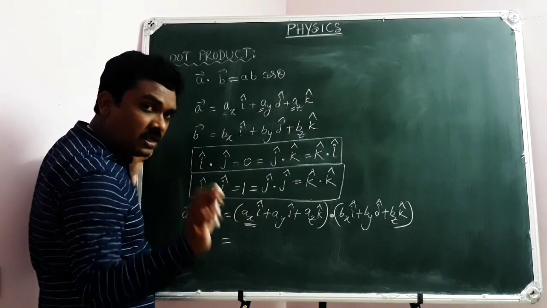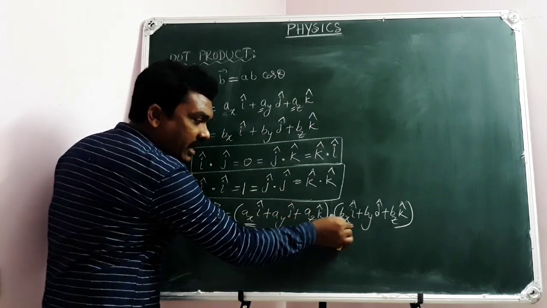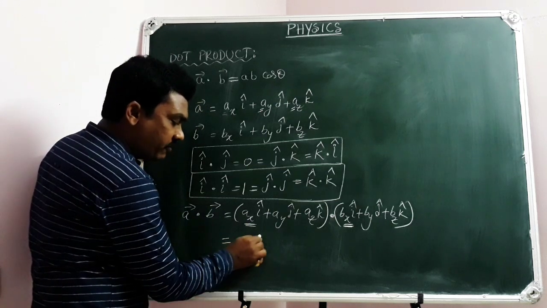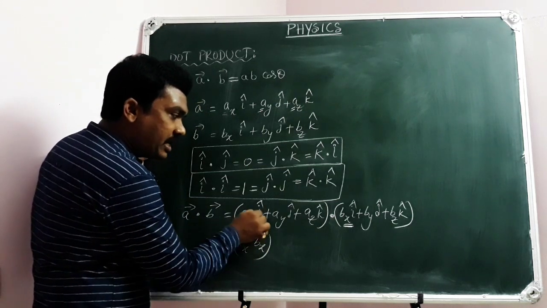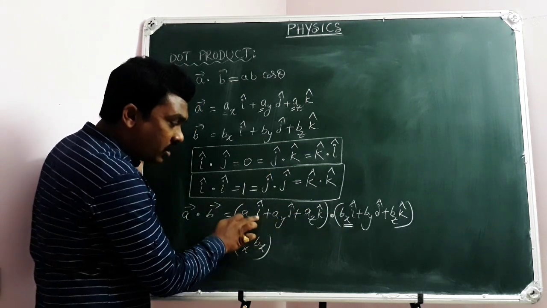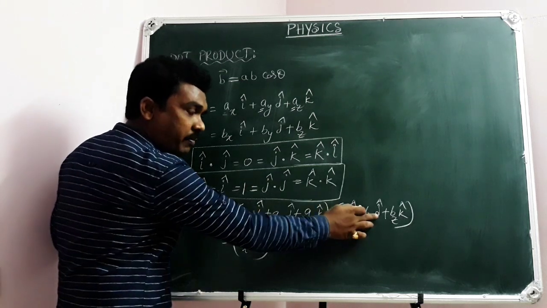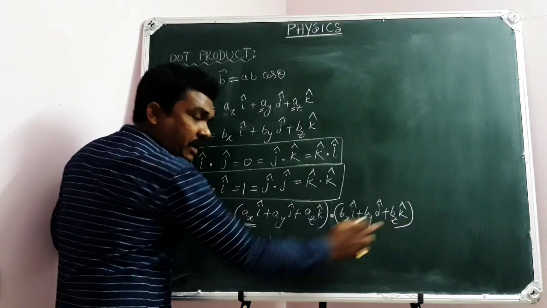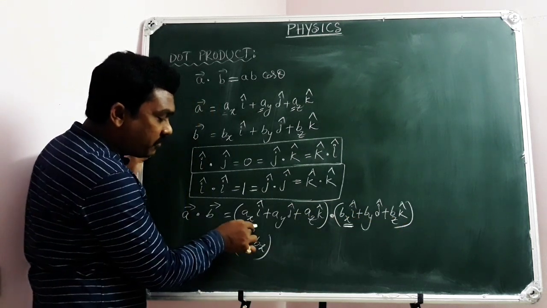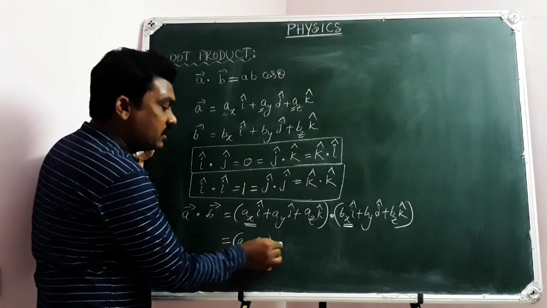But among the 9 terms, listen carefully. This ax i cap, bx i cap. So ax, bx scalars will be written first. i cap dot i cap will be equal to 1. But the other 2 terms are the dot product across i cap and j cap, i cap and k cap, which will be 0. So out of the three terms connecting with this first one, 2 will be 0, only 1 is left.